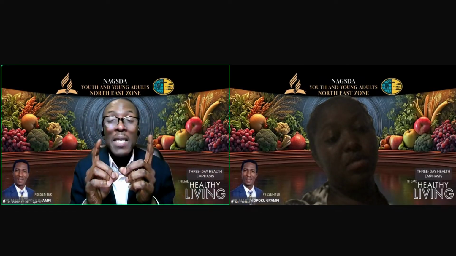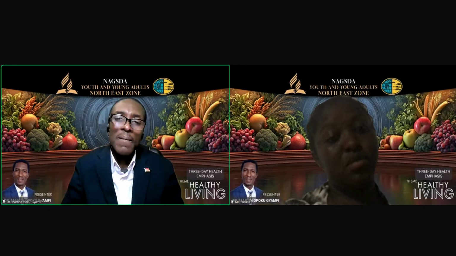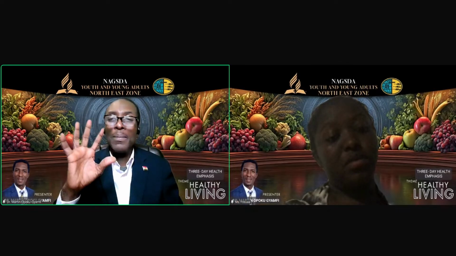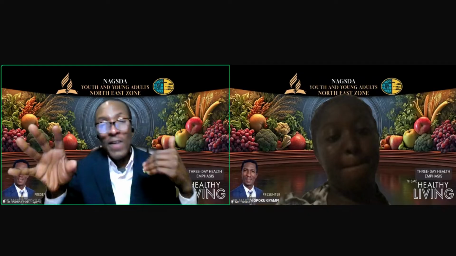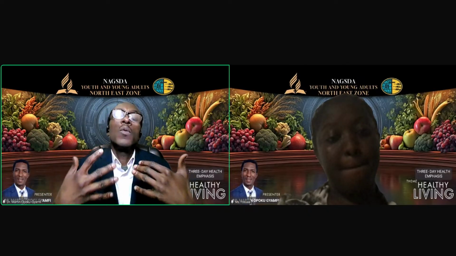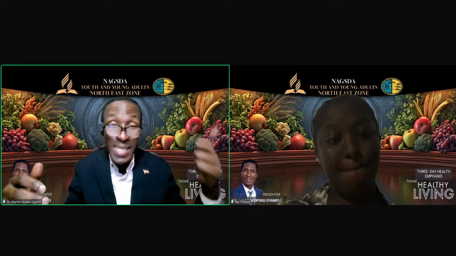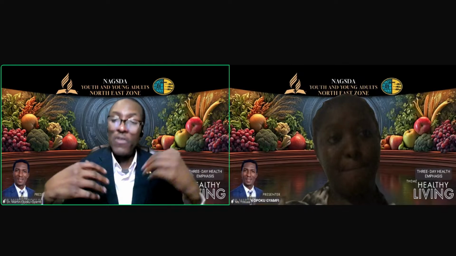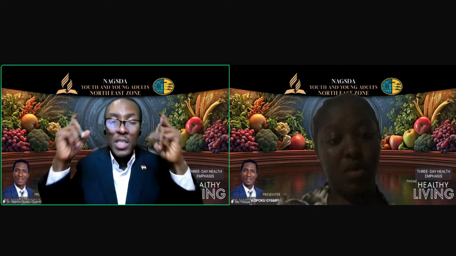Because our body can synthesize all the protein it needs. All it needs is for us to eat food that will give it 8 amino acids. All the other 12 amino acids, our body can make. We only need 8, which are referred to as the essential amino acids. And you can get some even from fruit, some from vegetables, some from grains, some from nuts, some from seeds. So let's not focus on protein, protein, protein, protein.